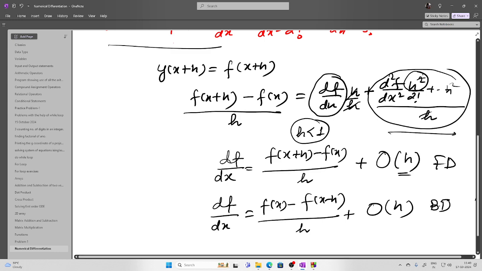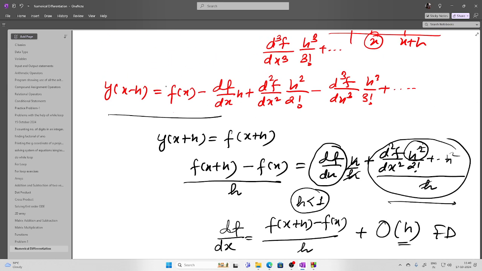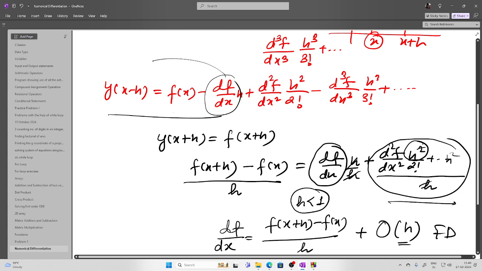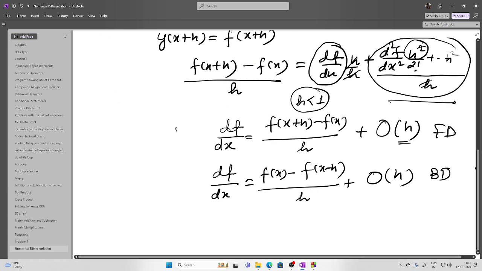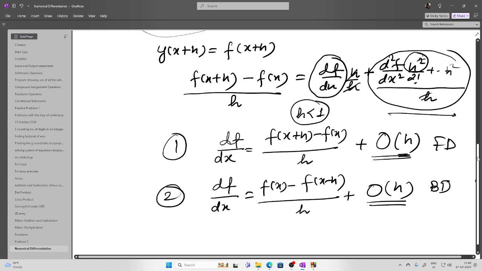So this is the backward difference, moving in the backward direction. You can do it with the help of this equation: bring this term here and this term to that side, and you get this expression. So this is the first way of differentiation, and this is the second way. But their order of accuracy is less, they are less accurate.